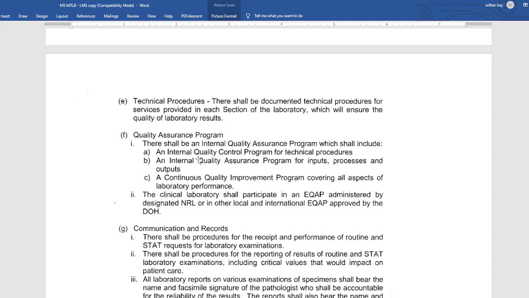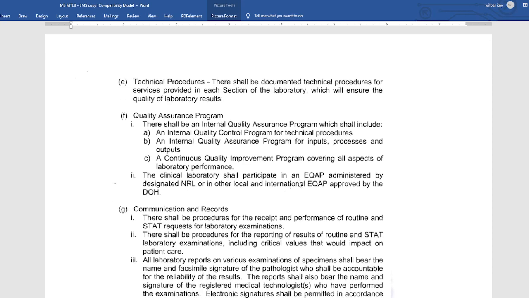Aside from that, a continuous quality improvement program covering all aspects ng lab performance, and yung EQUEST nga yung sinabi ko kanina, wherein they participate in the external quality assurance program. Samples are sent to these clinical laboratories and they test it. Then mako-compare yung mga test results nila from that of other clinical laboratory.